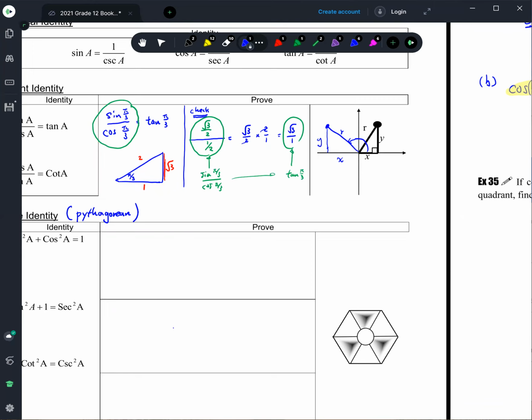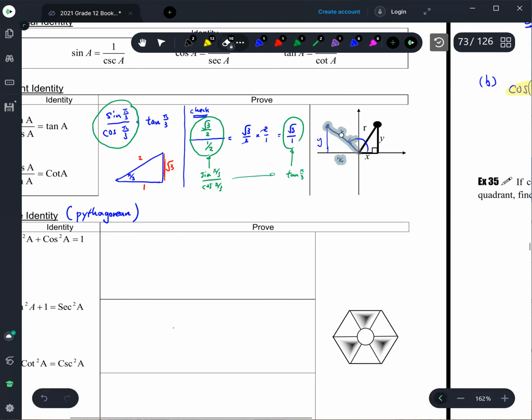So the sides change between positive and negative depending on the quadrants. That's why we have the ASTC, different signs in different quadrants.